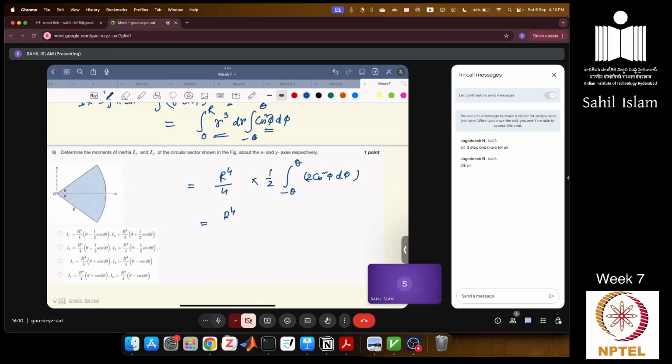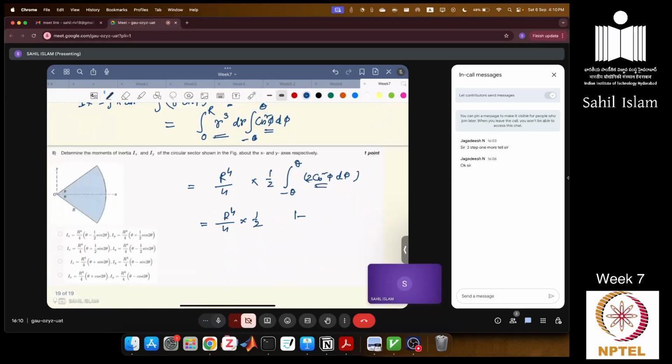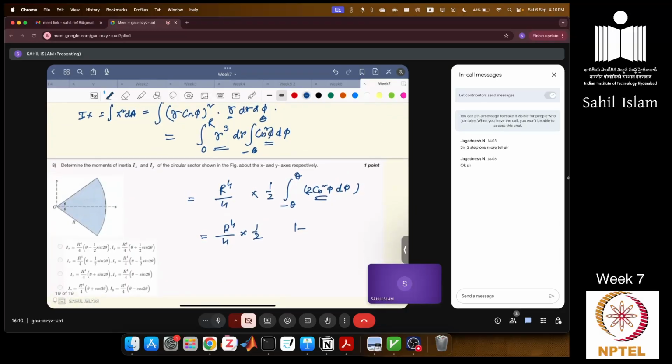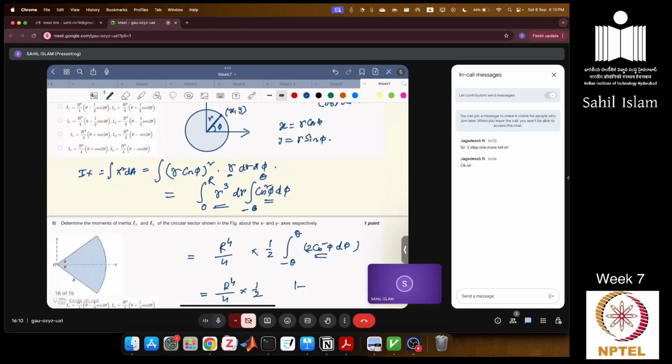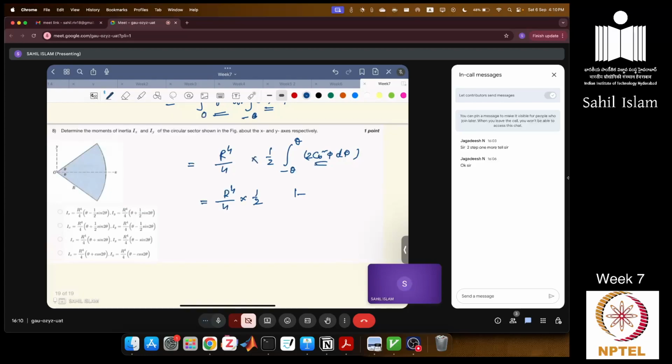Sorry, this is Iy basically, since Iy is x squared dA. We use 1 plus cos 2 phi equals 2 cos squared phi.